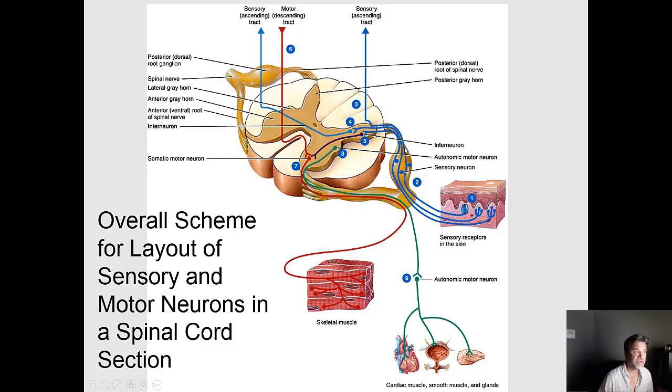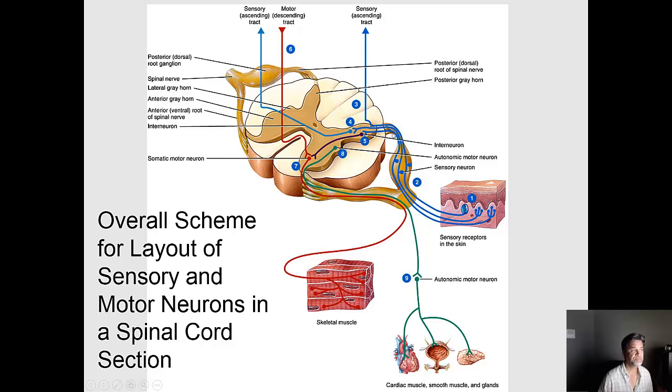That information will be transmitted all along this axon and will be sent into an ascending tract, and depends on what exactly the information is, whether it's touch, two-point discrimination, pain, temperature, whatever it may be, whether it enters through the posterior white tracts, lateral white tracts, or even potentially anterior white tracts, although that's not the case in this particular aspect.